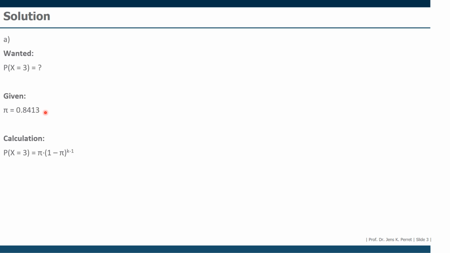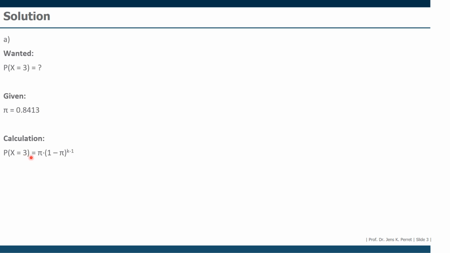So we can simply use the formula, which for events where we talk about equal to, we use the formula pi times (1 minus pi) to the power of k minus 1, k being the event I'm interested in. This can easily be explained. So the event should not occur for k minus 1 times, and then on the kth time, this should occur.